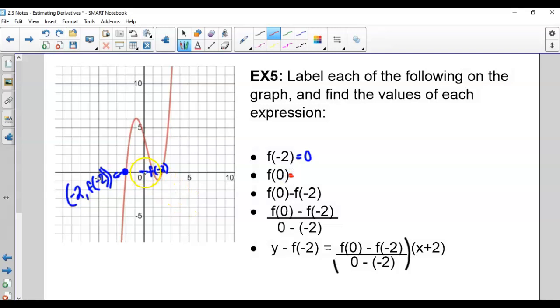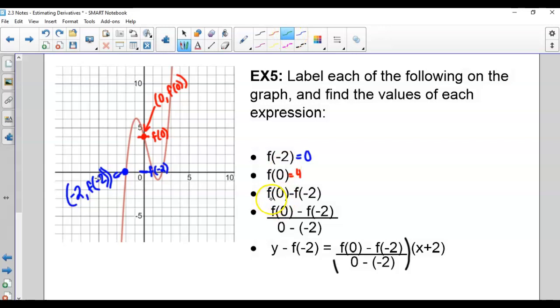F of 0 on my graph, you can see right here, if I plug in 0, I get 4. So it's going to be 4. And again, this is the point right here, 0, f of 0. So f of 0 is your y coordinate. So this is f of 0 on your y-axis.